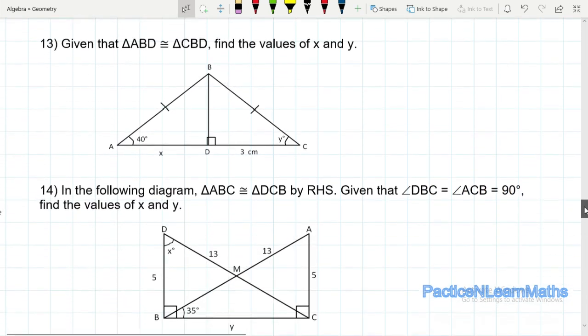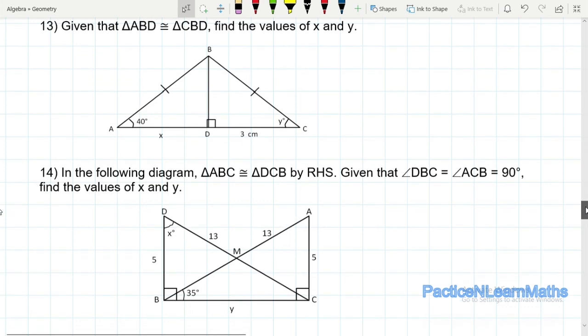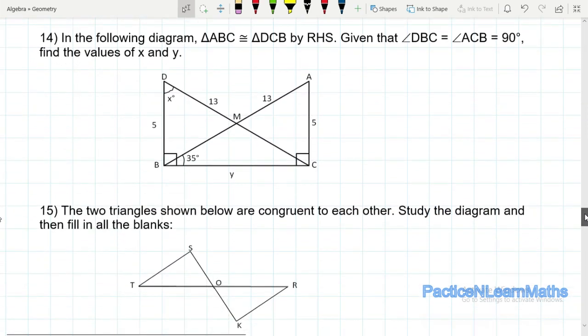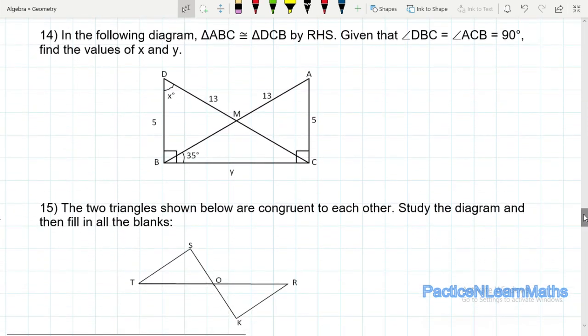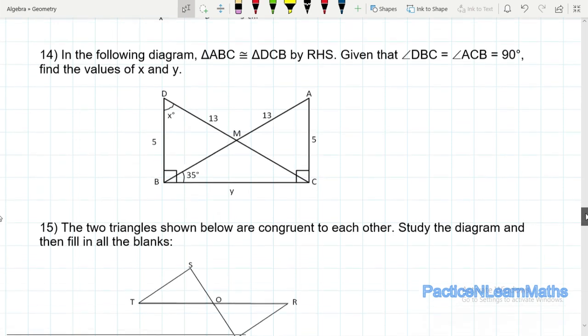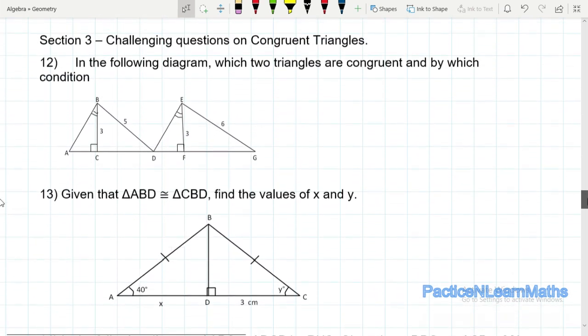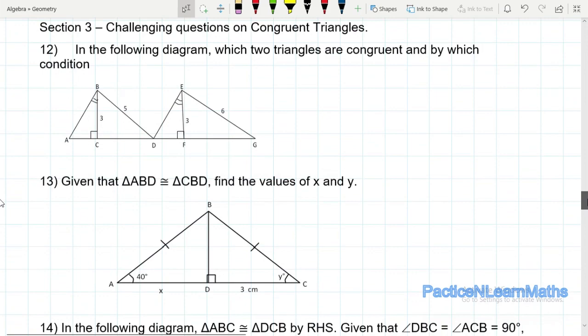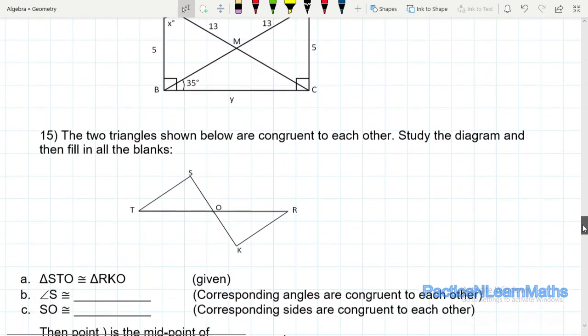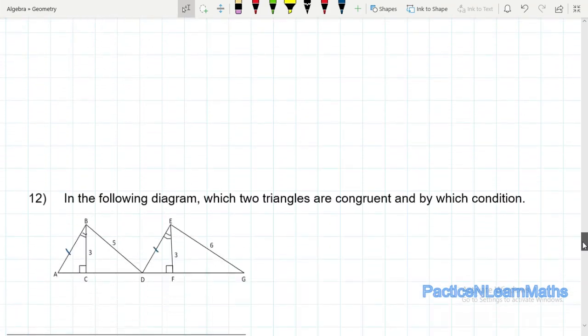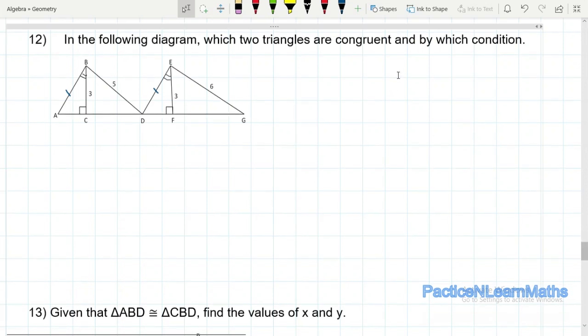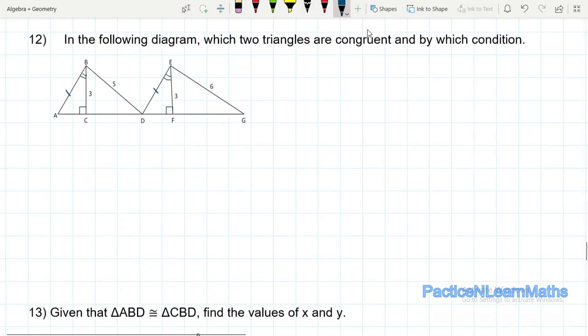Here come the questions. Okay, now let us start solving the questions.